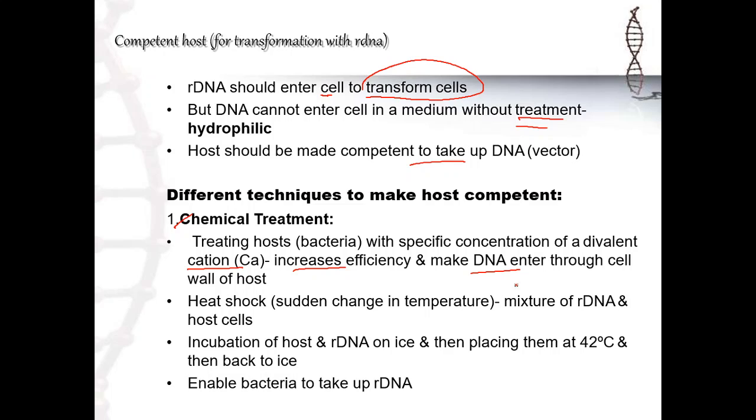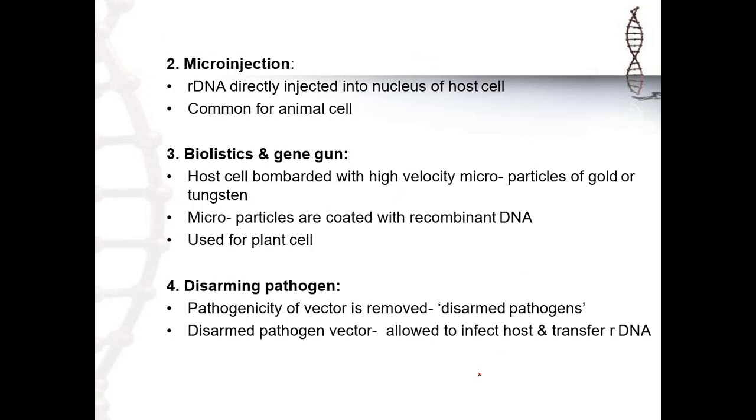Also, chemical treatment requires incubation of the host and the recombinant DNA, mixing them, leaving them on ice for a while, and then placing them at a certain temperature. This enables the bacteria to take up our recombinant DNA. Because of the chemical treatment, the entry of recombinant DNA into the bacteria is made easier.